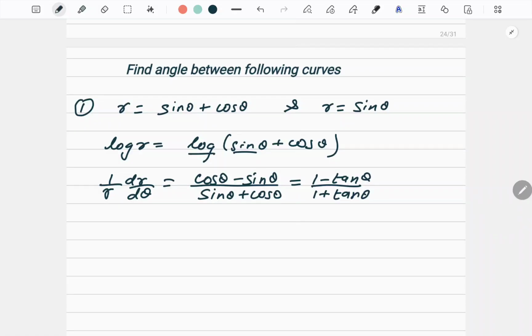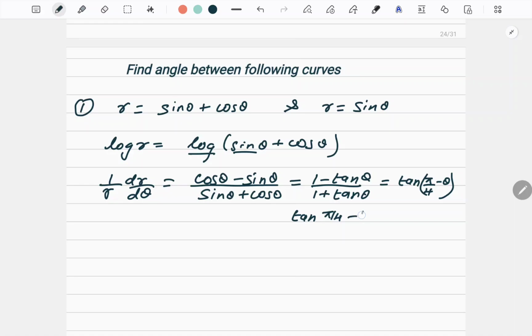Then I told you this is a direct formula, and if you don't remember the formula, then you can write 1 as tan of pi by 4. So what is the direct formula here? This can be directly written as tan of pi by 4 minus theta. Those who don't understand how it came, look at this. 1 can be written as tan pi by 4, because we know tan pi by 4 is tan 45, and tan 45 is 1.